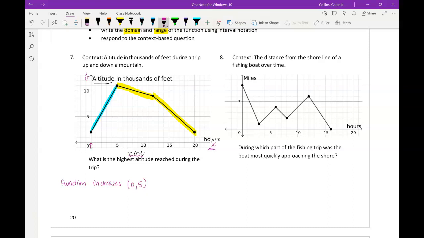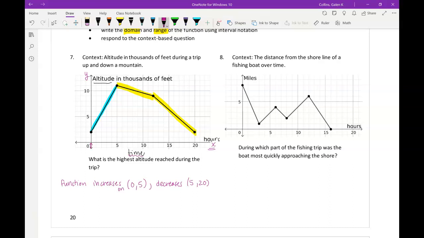Or sometimes I'll have my students in calculus write increases on, and that maybe makes it more clear that we're talking about an interval. So then this function decreases on the interval from where x is 5 all the way to where x is 20.